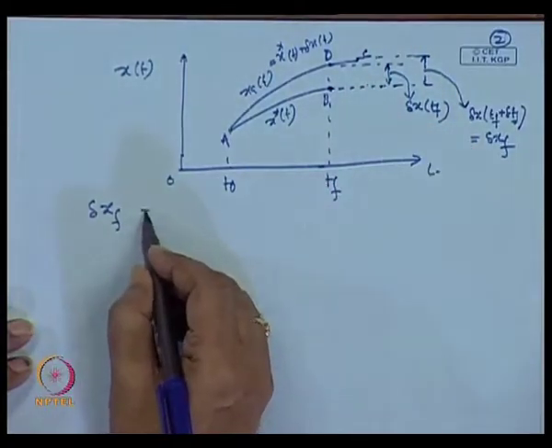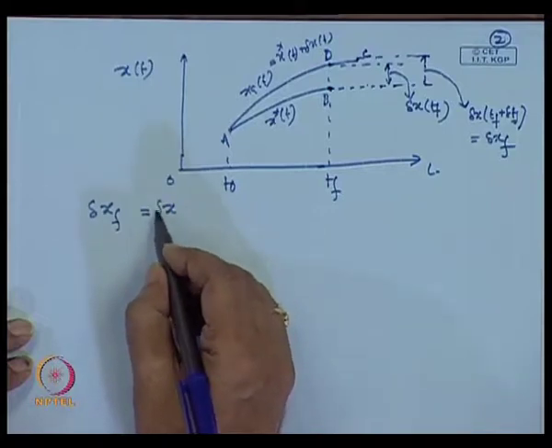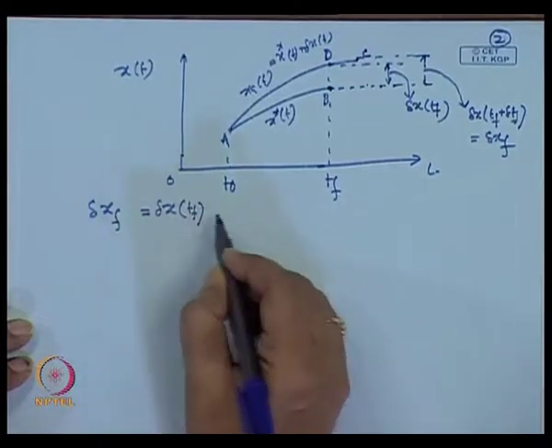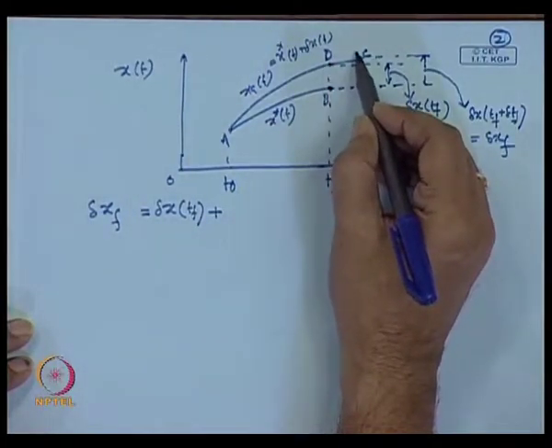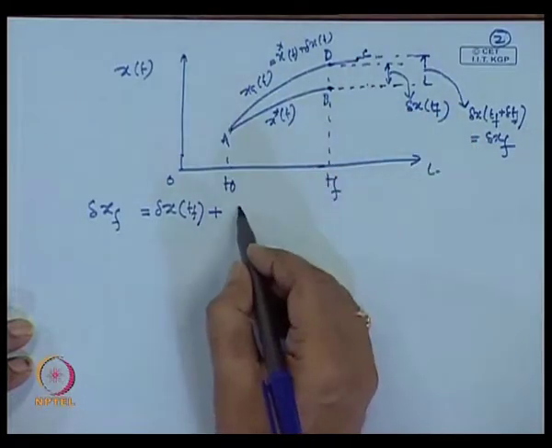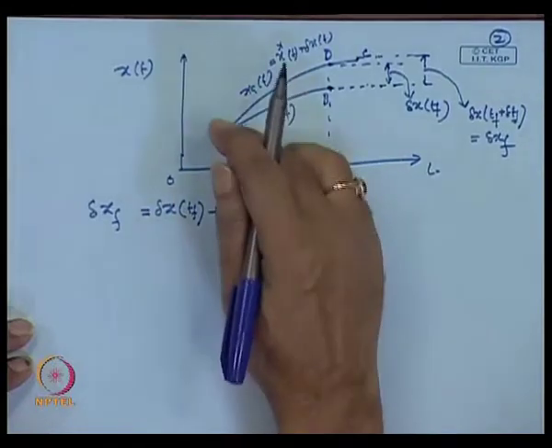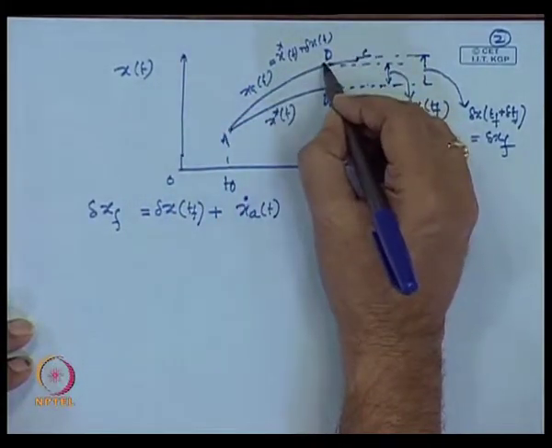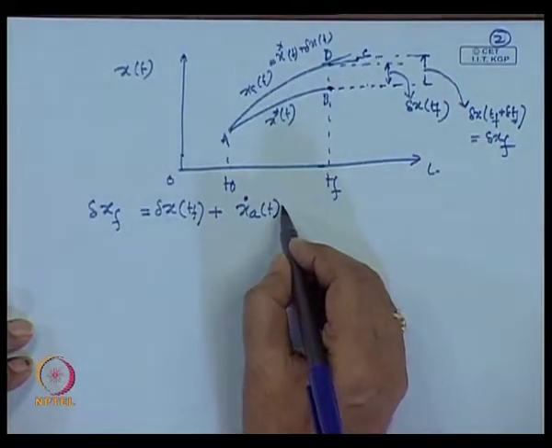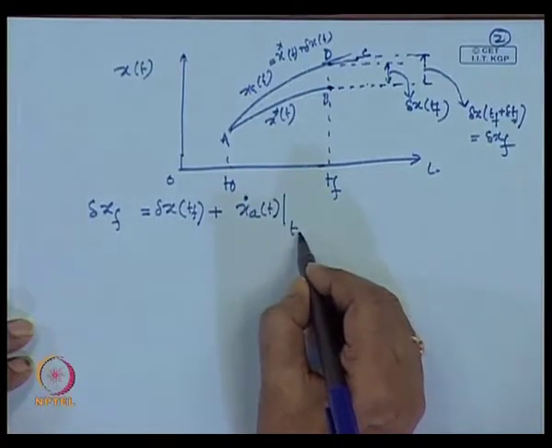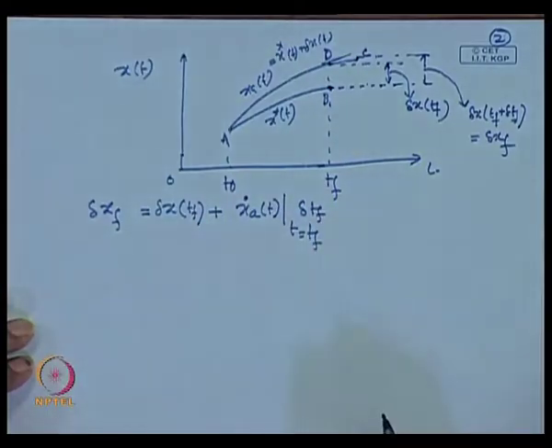So I am writing delta x T f plus the slope at this point multiplied by delta T f, which is the incremental: x star dot of t, this derivative at t equal to T f, into delta T f. This expression I can write.